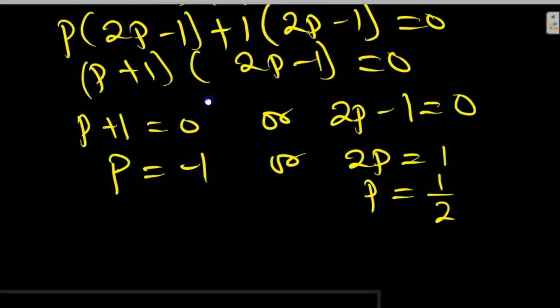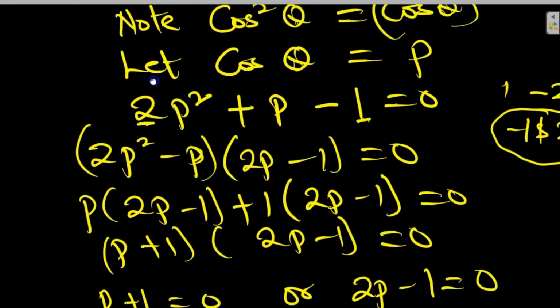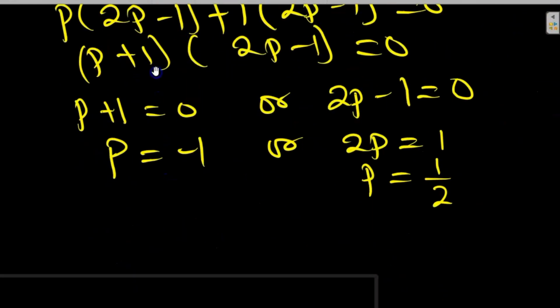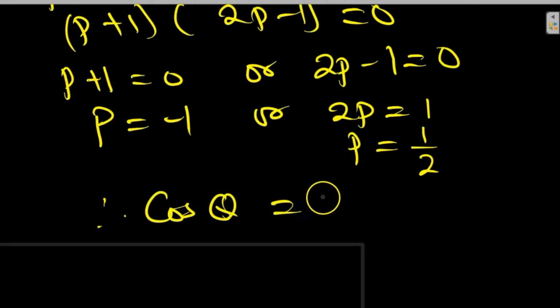Now, we said cos theta is equal to p. So since theta is in the first quadrant, cos theta is equal to 1 over 2.